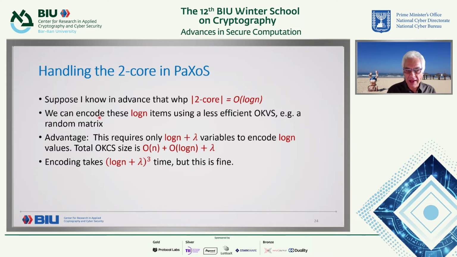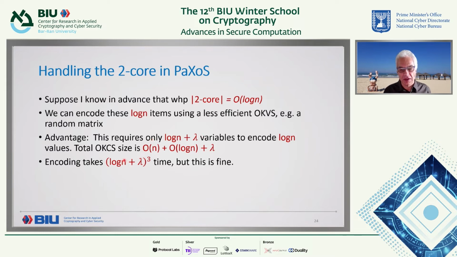Then I can encode these log n items using a less efficient OKVS. Even if I use a random matrix, which will cost me quadratic time to encode, it's only quadratic in log n. So in total, encoding these, say, using a random binary matrix will require very few variables.